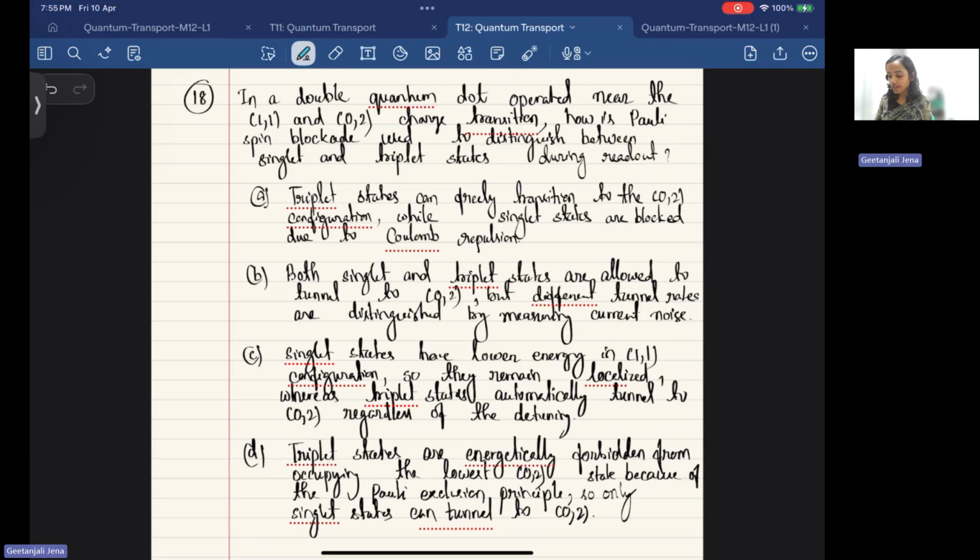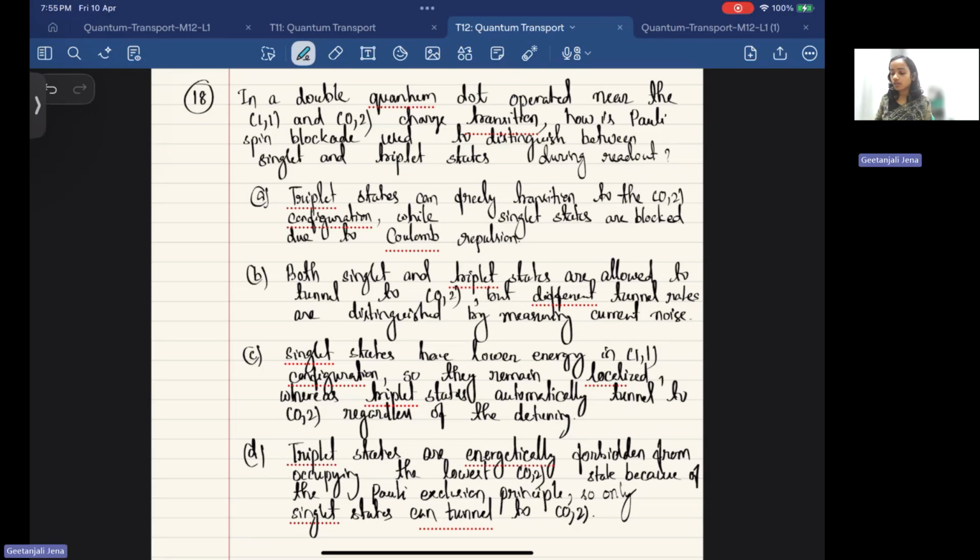Option C, singlet states have lower energy in the (1,1) configuration, so they remain localized, whereas triplet states automatically tunnel to (0,2) regardless of the tunnel barrier. Option D, triplet states are energetically forbidden from occupying the lowest (0,2) state because of the Pauli exclusion principle, so only the singlet state can tunnel to the (0,2) state.